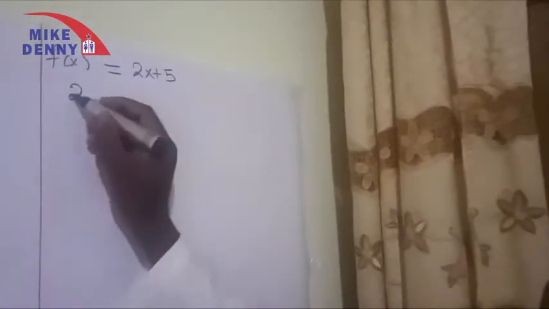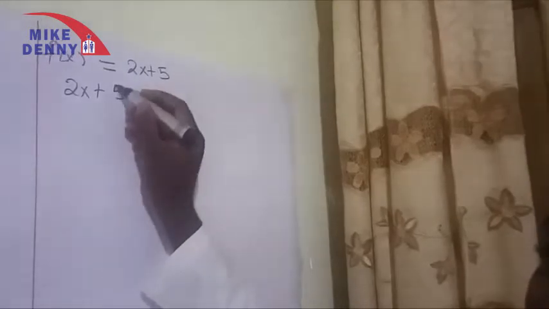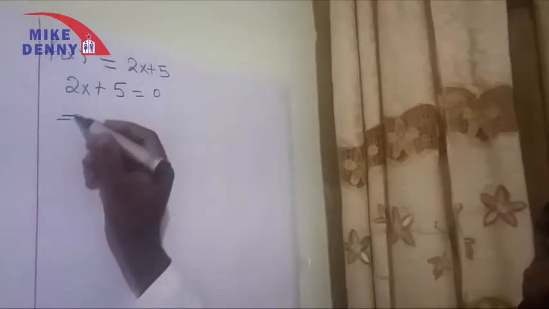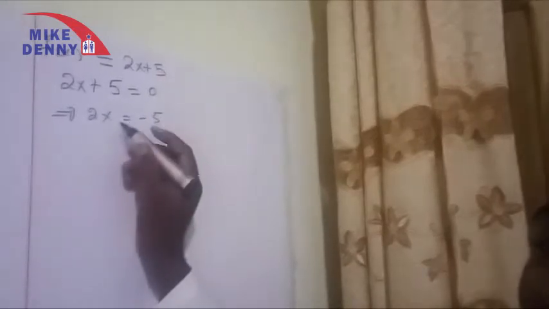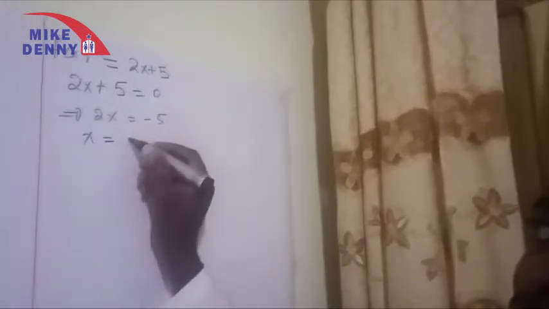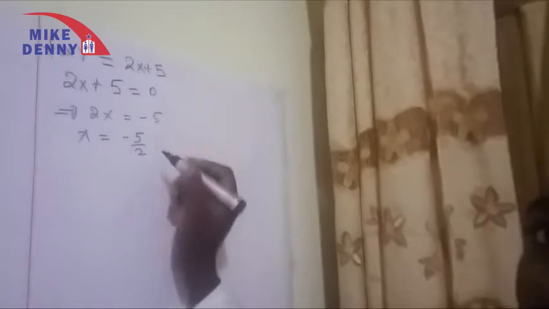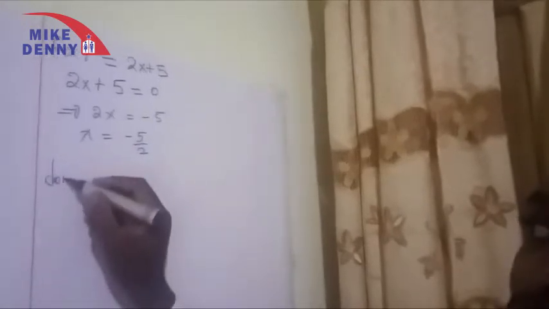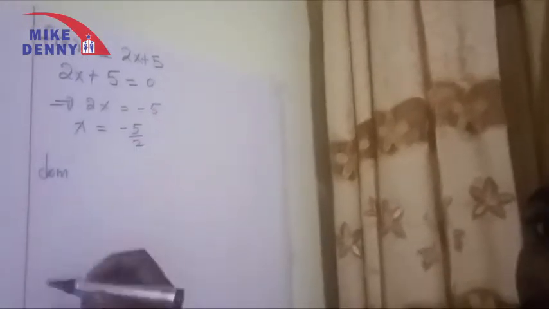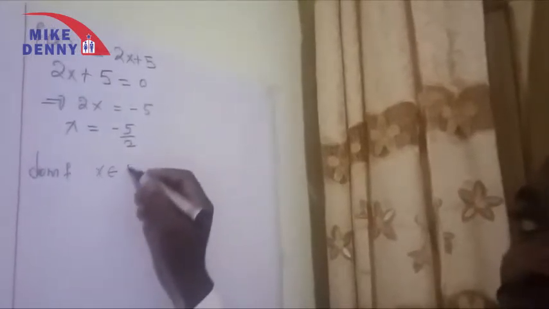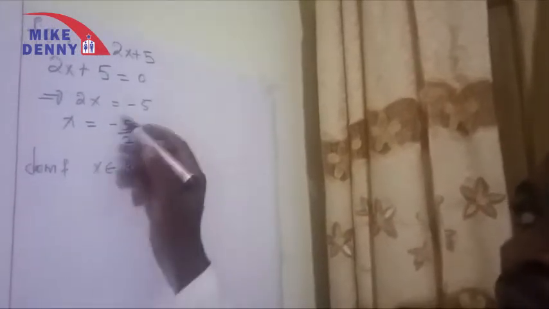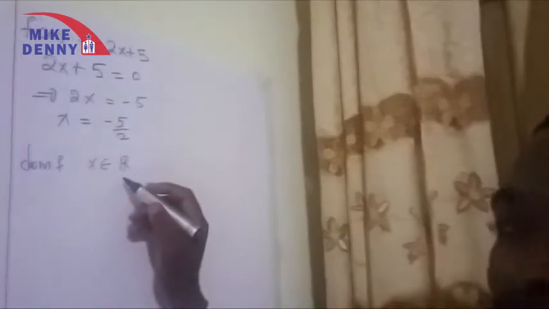So we have 2x plus 5 equals 0, which implies 2x is equal to negative 5. So now solve for x. So x will be negative 5 over 2. You see negative 5 over 2 belongs to the set of real numbers. My domain now will be f such that x belongs to the set of real numbers, because negative 5 over 2 is in the real numbers.